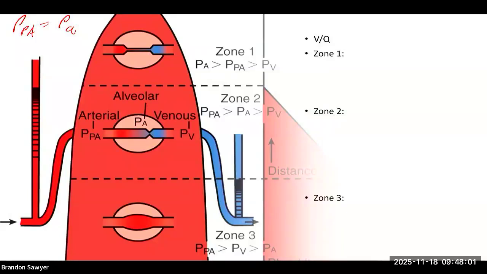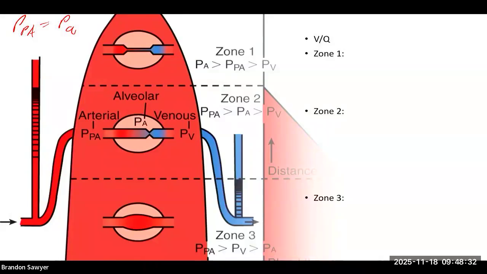If you think about my fist as an alveolar sac, and my other hand as the capillaries surrounding it, when we fill up that alveolus with a bunch of air, it's literally putting mechanical pressure on those capillaries, smashing down their walls.